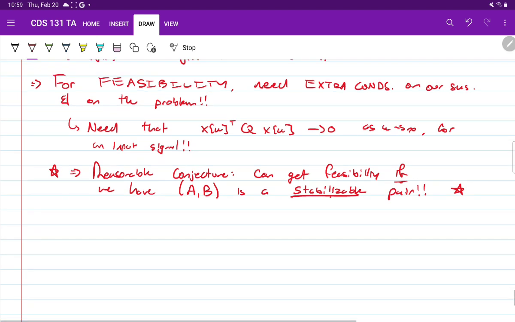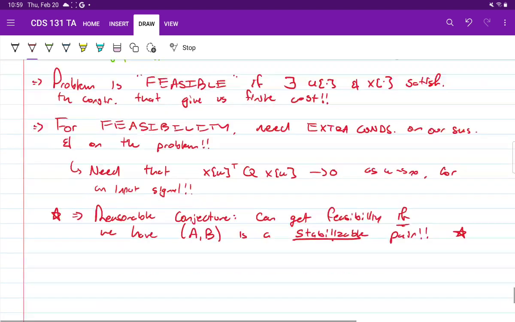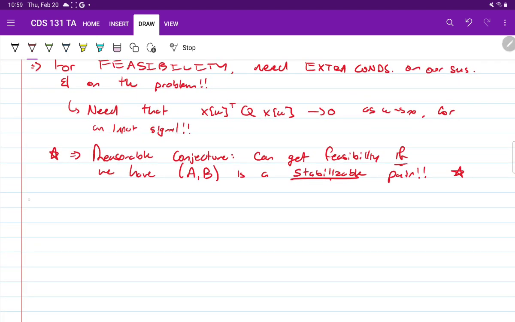Now, what sort of conditions might we need to actually achieve desirable asymptotic behavior? So what do we desire from the solution? Okay, so let's assume for a moment that it is feasible and we are able to solve it. What do we actually want out of our asymptotic behavior of our system?